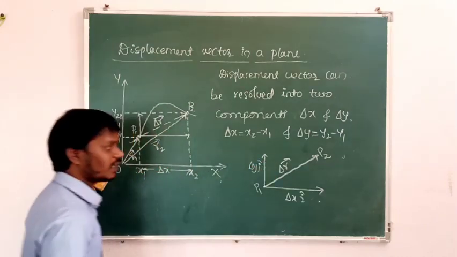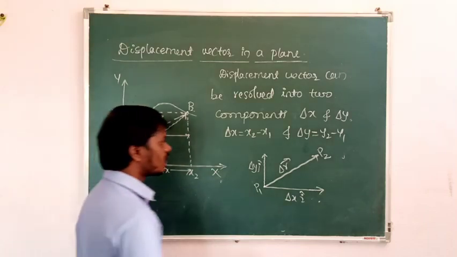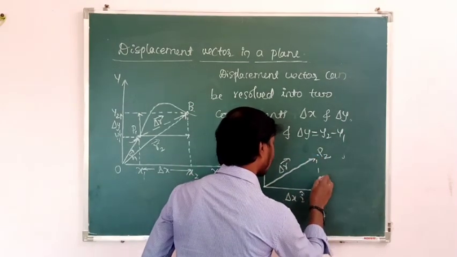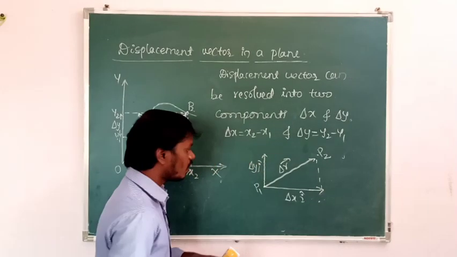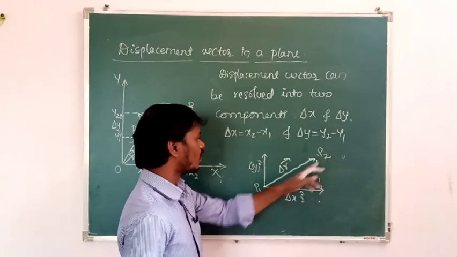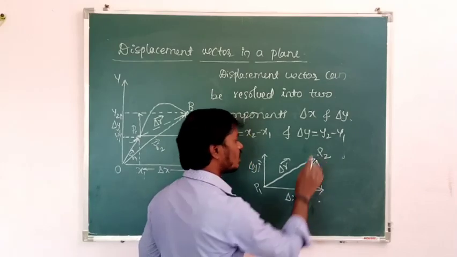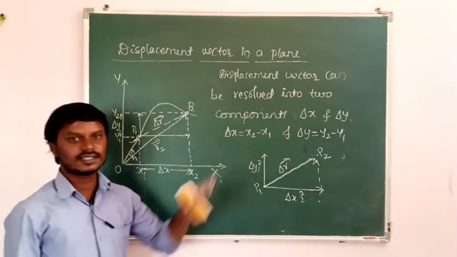Then see here, again, what is the angle between delta x i and delta y j? That is 90 degrees. Because these two are taken in the same order, delta r is taken in the opposite order.